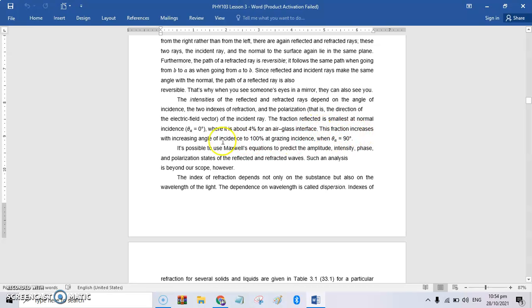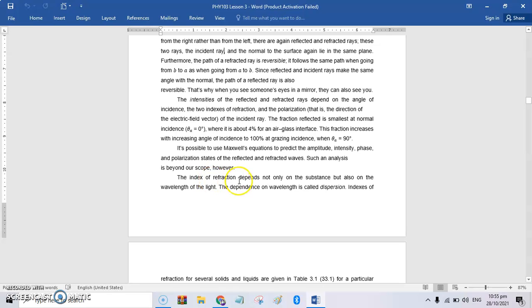This fraction increases with increasing angle of incidence to 100% at grazing incidence when theta is 90 degrees. It's possible to use Maxwell's equations to predict the amplitude, intensity, phase, and polarization states of the reflected and refracted waves. Such an analysis is beyond our scope, however.